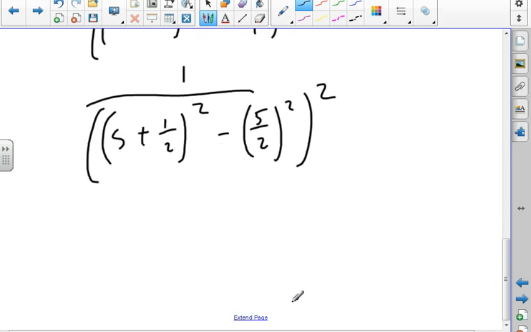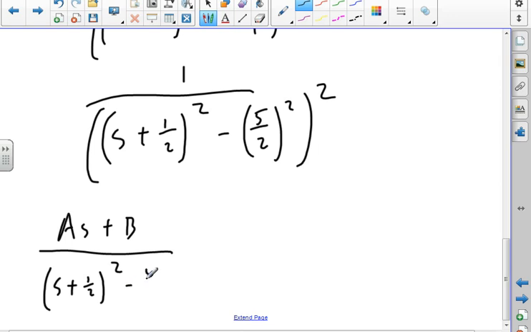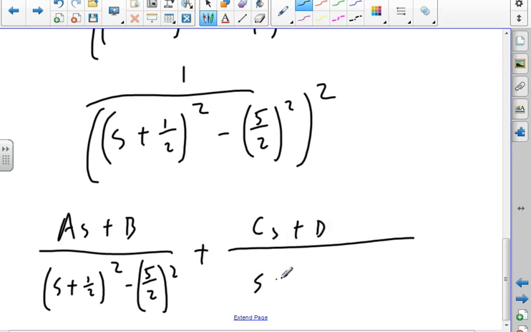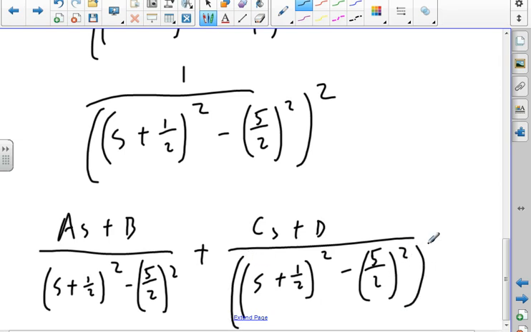I don't see where that's going to help us any, but at least we're in the right form now, right? So this is going to be (as plus b) divided by (s plus 1/2) squared minus (5 over 2) squared, plus (cs plus d) over ((s plus a half) squared minus (5 halves) squared), the quantity squared.